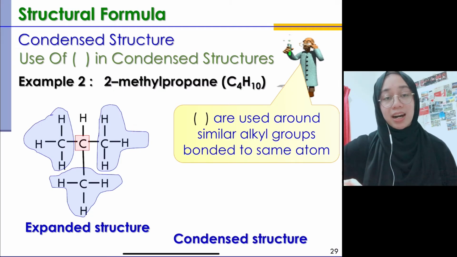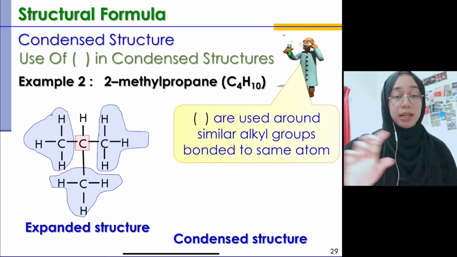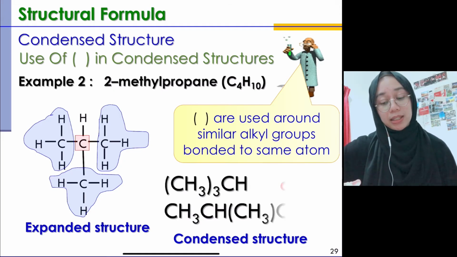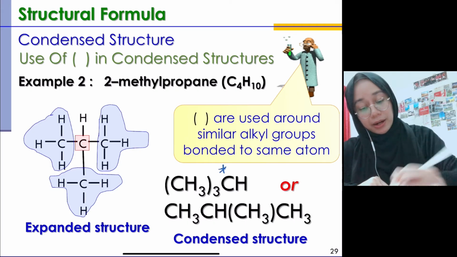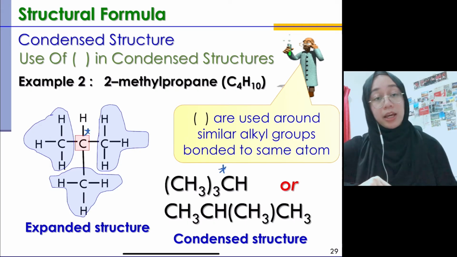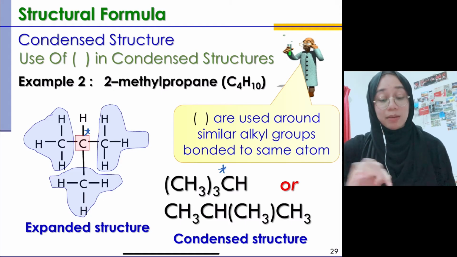Okay, so since they are bonded to the same atom, okay, which is the carbon yang merah kat sini, so kita boleh guna penggunaan bracket kat sini. So sama ada kamu nak tulis terus CH3 dalam bracket 3 CH, so ini adalah carbon yang merah tu. Okay, ataupun kalau kamu nak buat satu-satu daripada kiri ke kanan pun boleh juga.